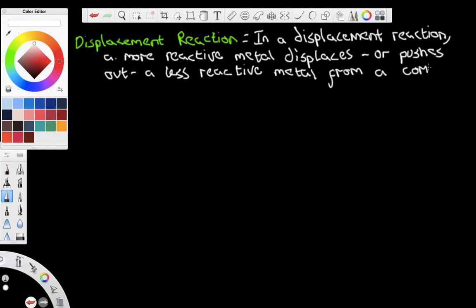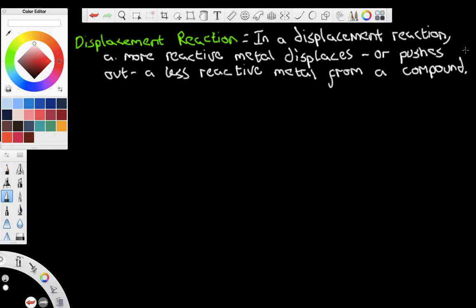Now that's a long definition and it seems quite difficult, but we'll explain it. So in a displacement reaction, a more reactive metal displaces or pushes out a less reactive metal from its compound.